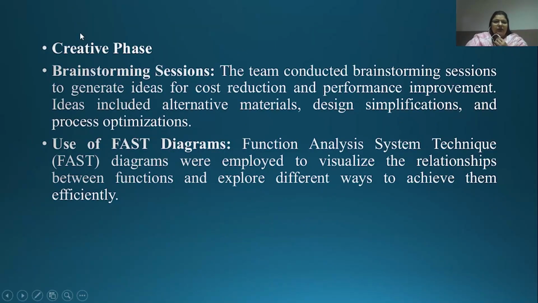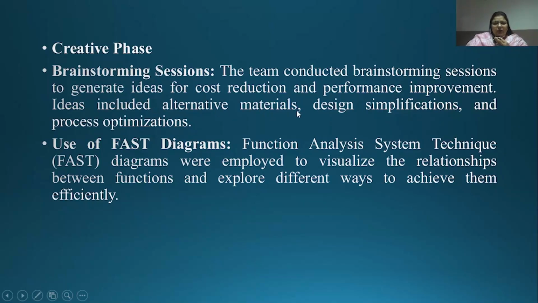Next one is the creative phase. In the creative phase, the company did a brainstorming session. The team conducted a brainstorming session to generate ideas for cost reduction and performance improvement. Here, they did a comparison of different features and how to reduce the cost after comparing performance.